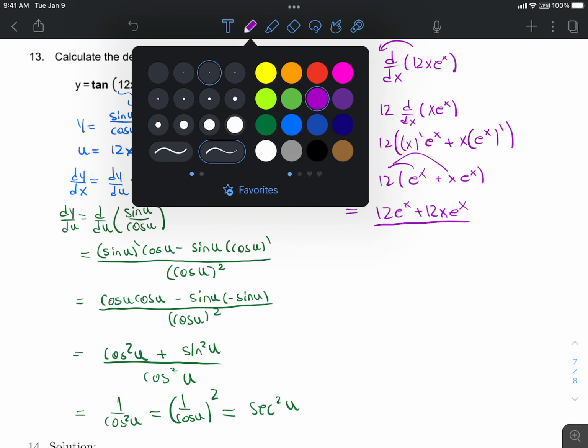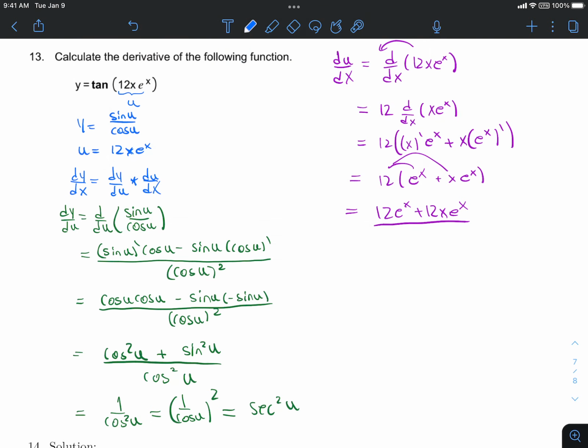So now if I go back to blue, dy/dx is secant squared of u times 12 e to the x plus 12x e to the x. So it's customary to write those before the trig function so that there's no confusion and someone doesn't think that you're calculating the secant of all this.